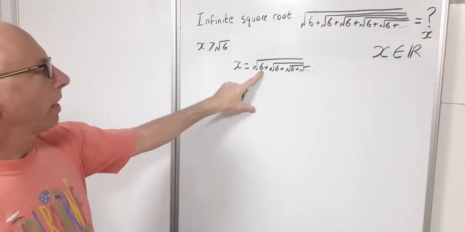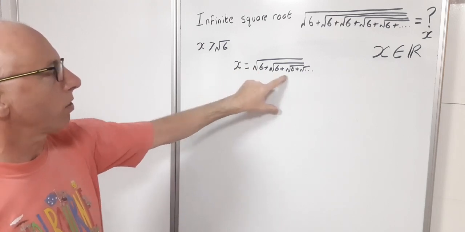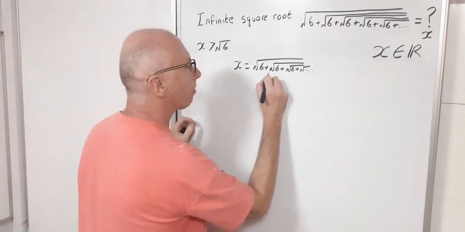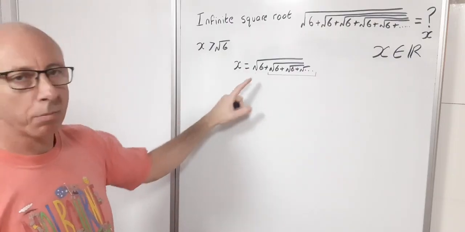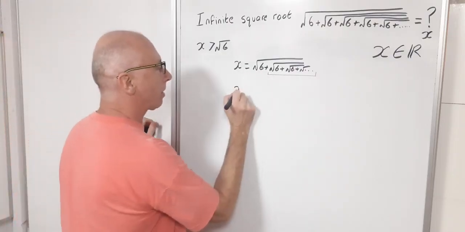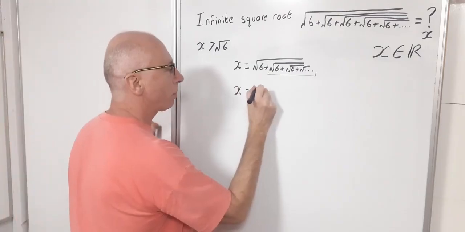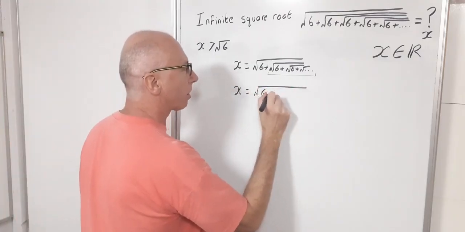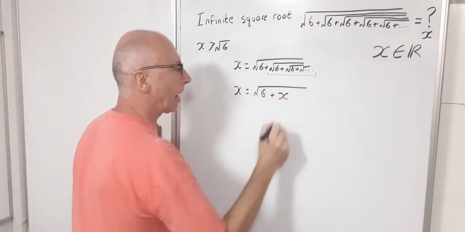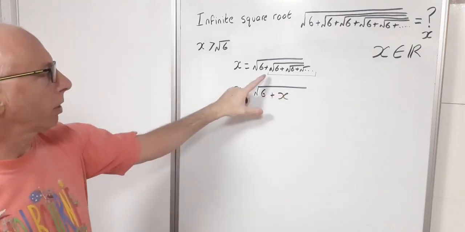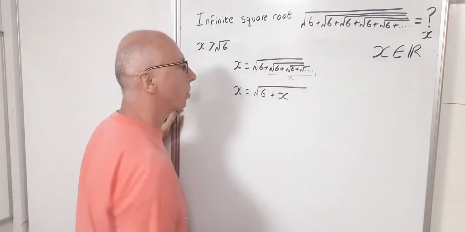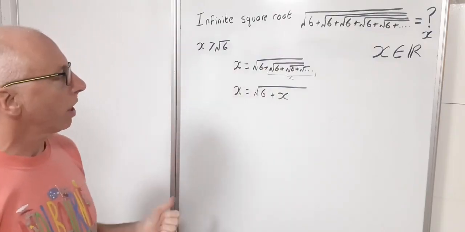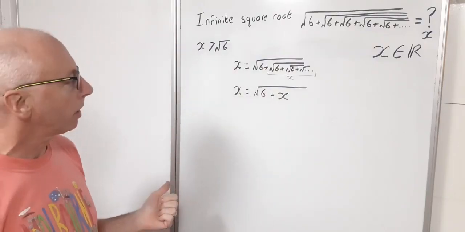As this is all of this, it's also the same as this. So why don't we write x equals square root of 6 plus x. We can do that because this bit here is the same as here. So this bit here is just x.